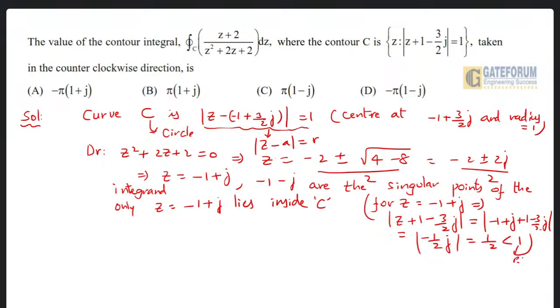This is the RHS of the equation, and this half is the LHS. Whenever LHS is less than RHS, such a singular point lies inside. Now you can check the other point lies outside C. Here this is the center and radius, these are the two singular points, and only one is inside.